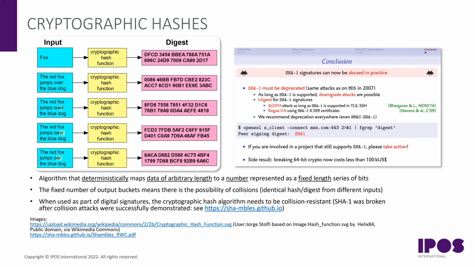Cryptographic hashes are used together with asymmetric encryption to implement digital signatures. For the digital signature to be secure, the hash function needs to be collision resistant. Otherwise, it is possible to generate the same digital signature from different sources.